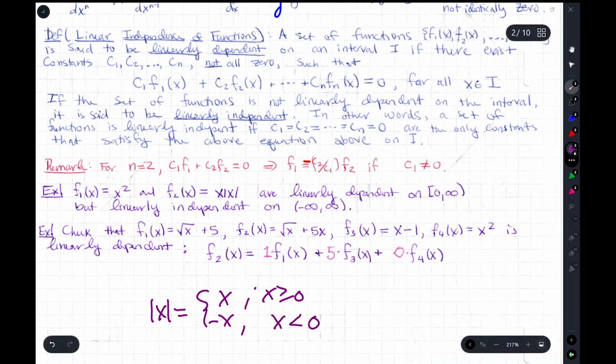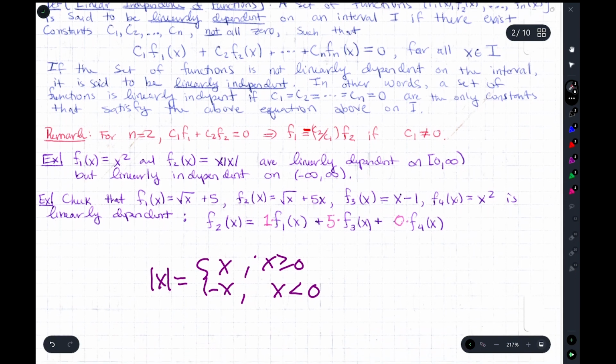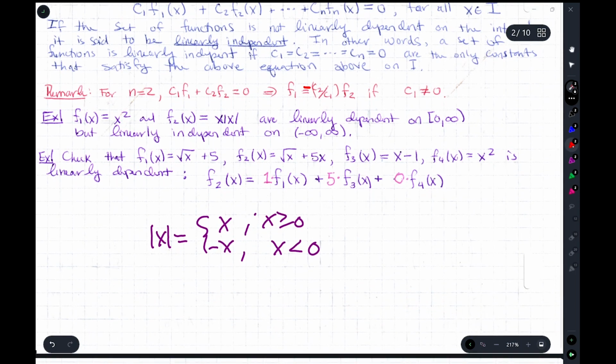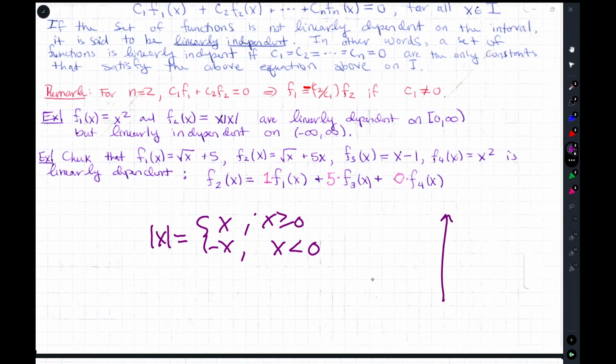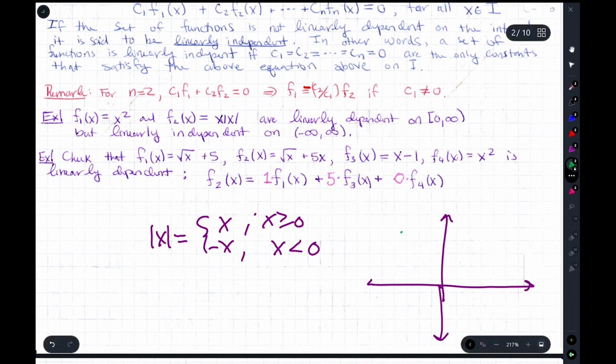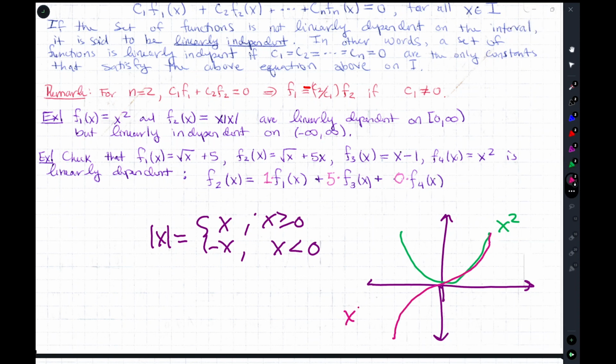That's the definition of the absolute value. So if we draw these out, we'll have this be x squared and that be x times the absolute value of x. On the negative x-axis, it's the mirror reflection about the x-axis, and on the positive x-axis, they're the same.